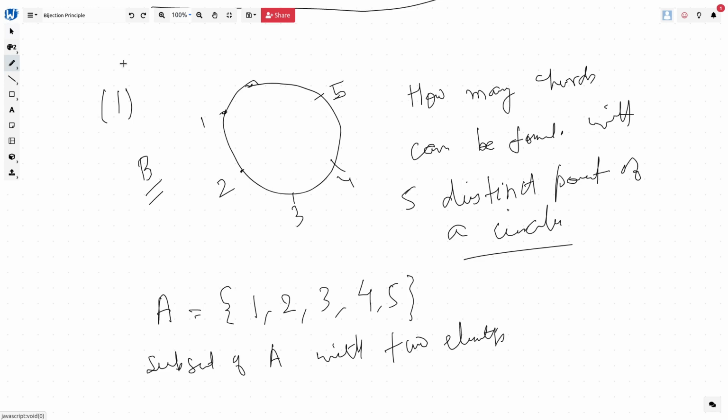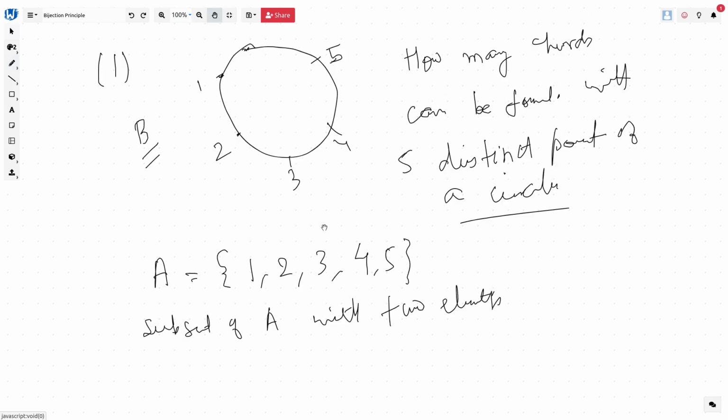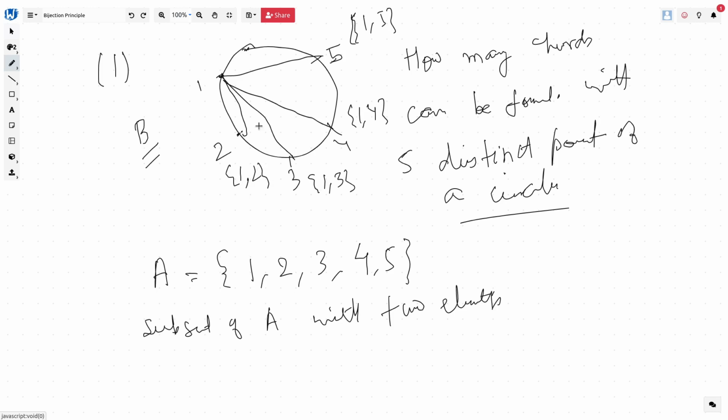Let's try to find a one-to-one and onto function between these two sets A and B. Any chord can be found by joining two points, so this could be 1 5, 1 4, 1 3, 1 2, and so on. These are the various chords you can form, right?